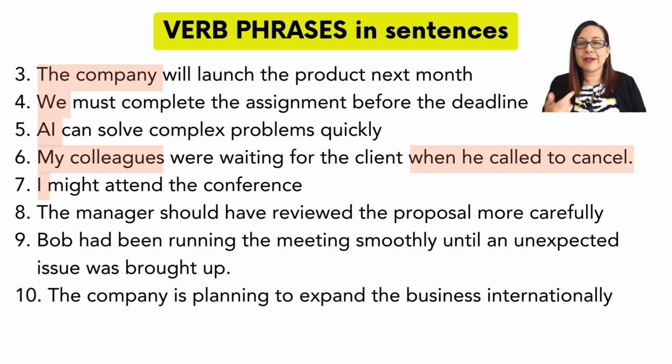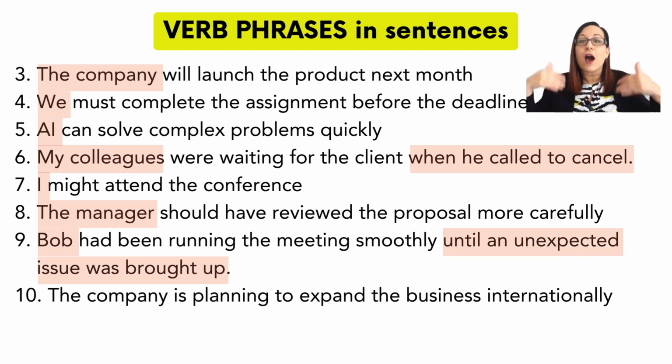I might attend the conference. That was nice and easy, just needed one little subject. The manager should have reviewed the proposal more carefully, but they didn't. Bob had been running the meeting smoothly until what happened? Until an unexpected issue was brought up.